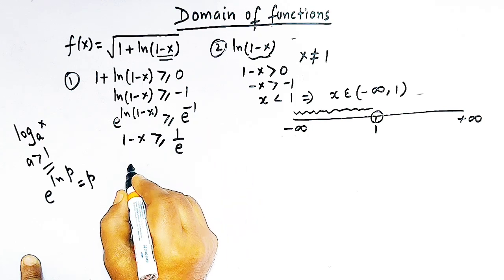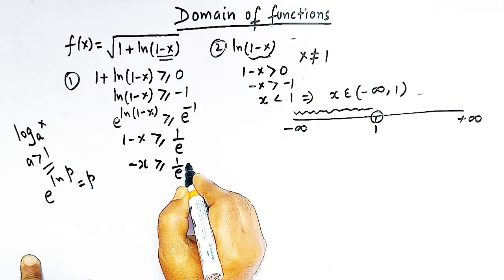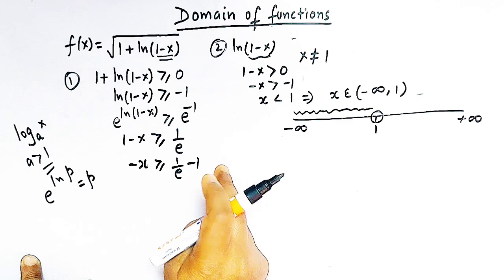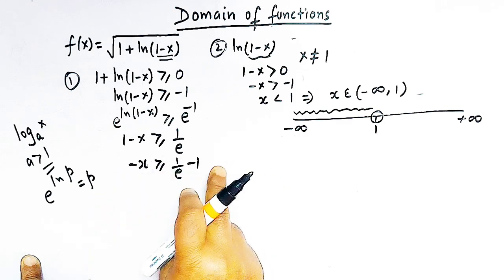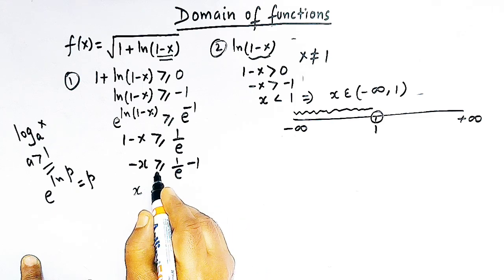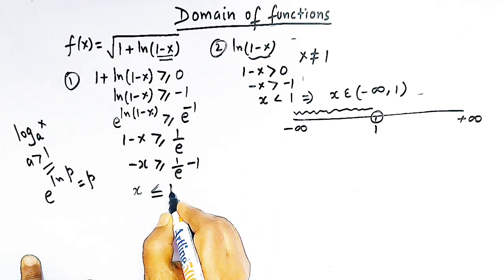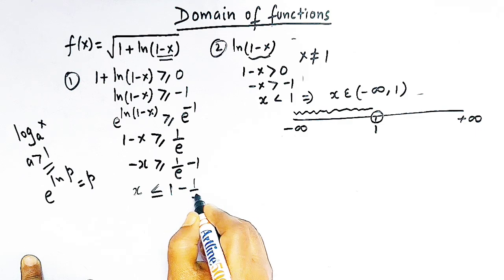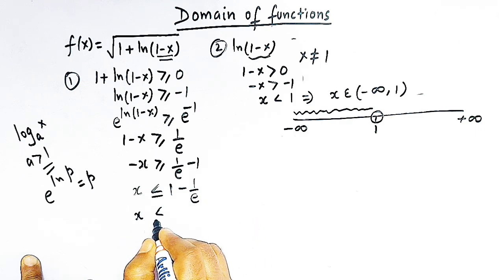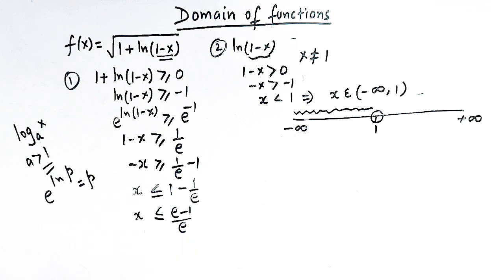So we can now write minus x greater than or equal to 1 over e minus 1, and again multiplying both sides by -1, we have x, and the direction of the inequality gets reversed, and we have 1 minus 1 over e. So we have x less than or equal to e minus 1 over e.